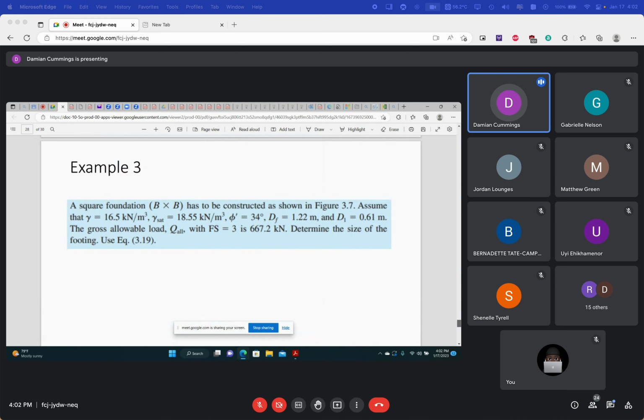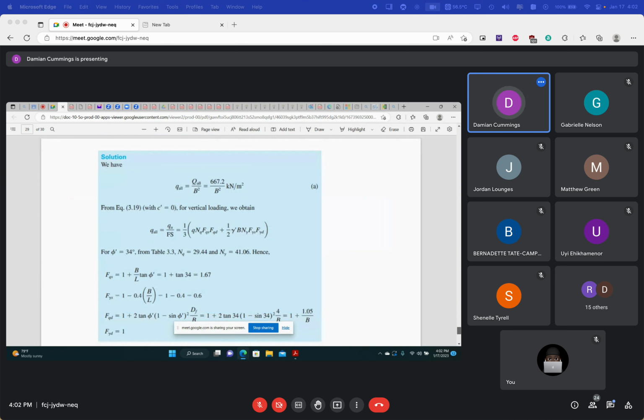All right. So a square foundation. So we have q allowable, which is our allowable load carrying capacity of the soil, is equal to our ultimate load divided by the area of the foundation, right?